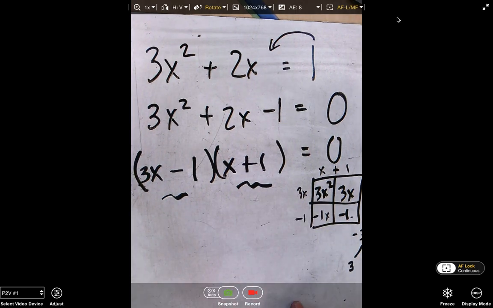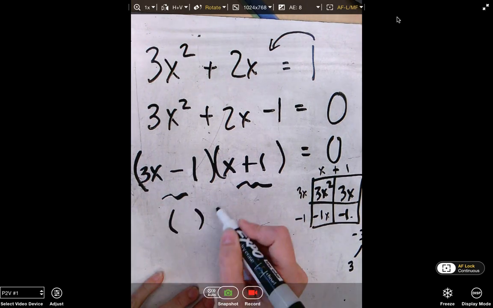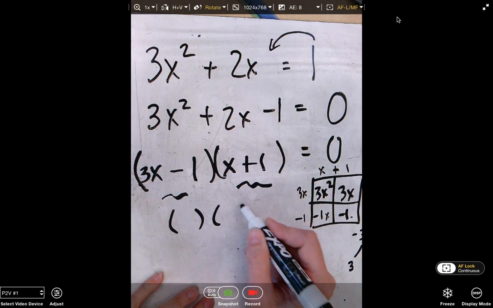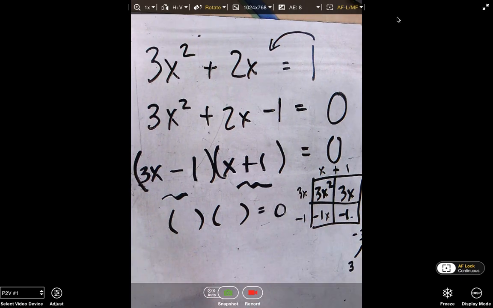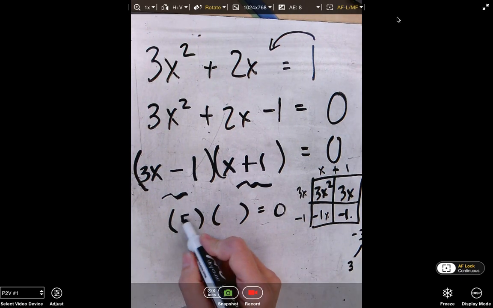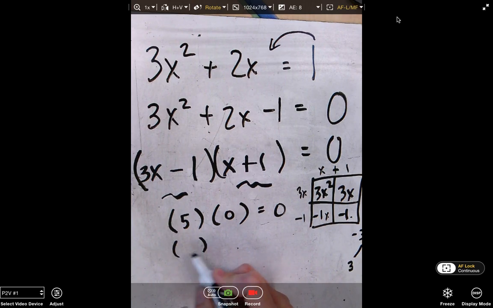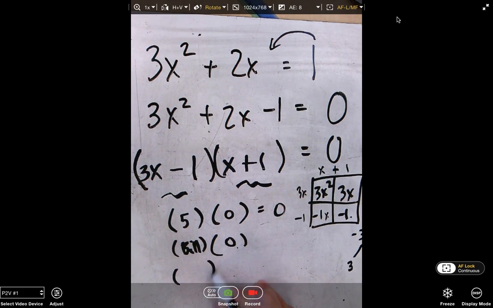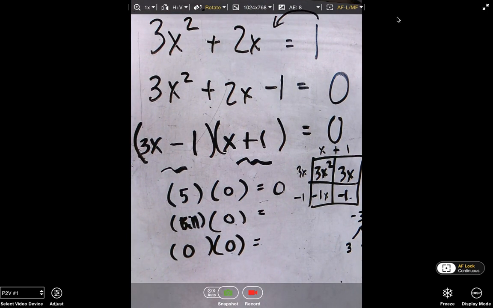So when I get to here, I can say, what two numbers multiply together to make 0? Well, it could be 5 times 0, or 8 billion times 0, or maybe it's 0 times 0. But the point is that one of these numbers has to be 0, which allows us to lock down what's going on.